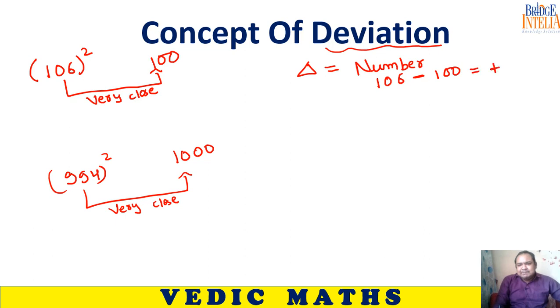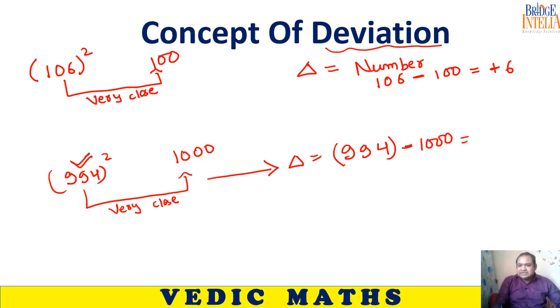So answer will be plus 6. What will be the deviation in case 2? Here the given number is 994. From 994 we have to subtract the base. Base number is 1000. So here this is minus 6. So this is the concept of deviation.